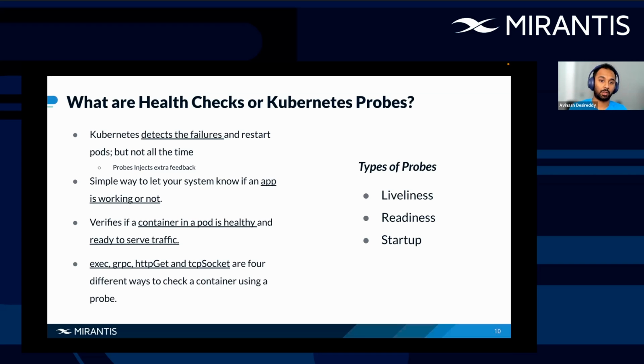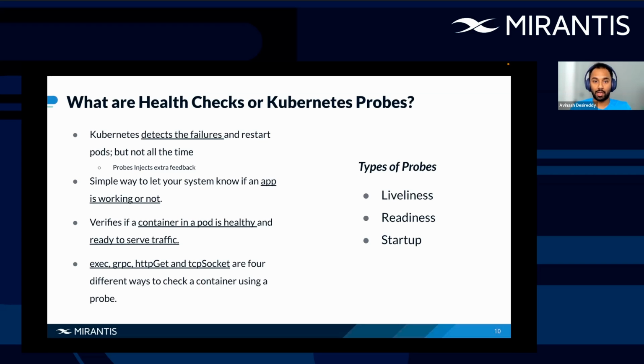What that means is Kubernetes detects failures and restarts pods by default with the help of its scheduler on different components. For example, if a node goes down in the cluster, the pods that are running on that specific node will get rescheduled to other nodes in the cluster.